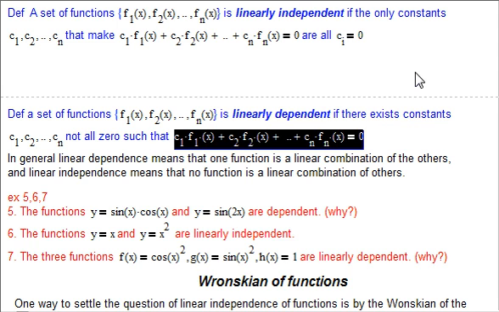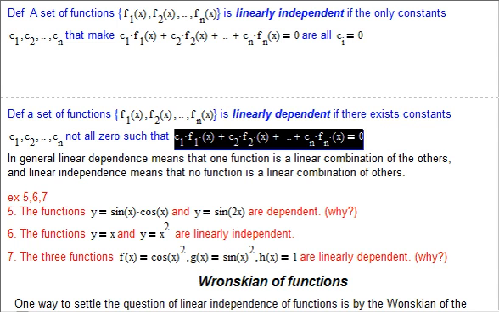That means at least one of them is a linear combination of some of the other ones. In general, linear dependence means one function is a linear combination of the others. Linear independence means no function is a linear combination of the others.